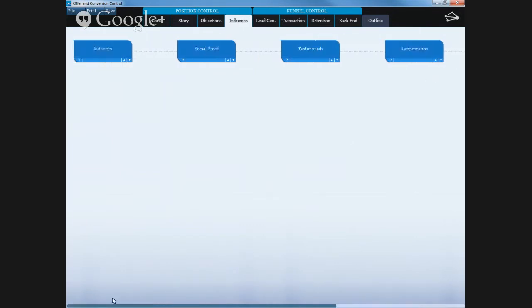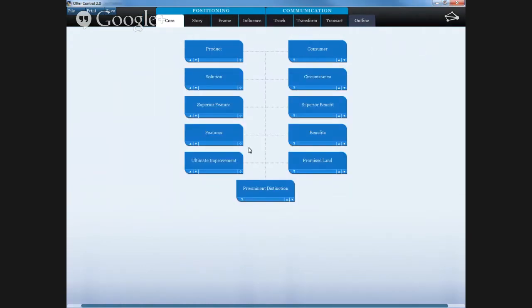And then the more substantial difference comes on the right-hand side, where if I jump back to Offer Control, and this is important because everybody should have both versions, because Offer Control is included with the Offer and Conversion Control package. So the Teach, Transform, Transact is very much based on Mike and Andy's approach to largely building their launches, and you can get the video genesis breakdown that breaks out the whole thing in Offer Control.